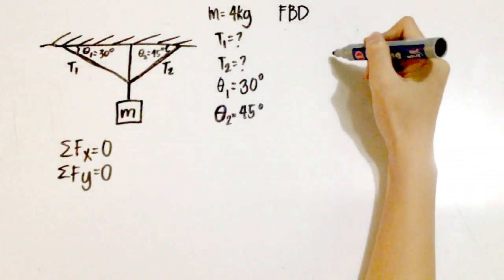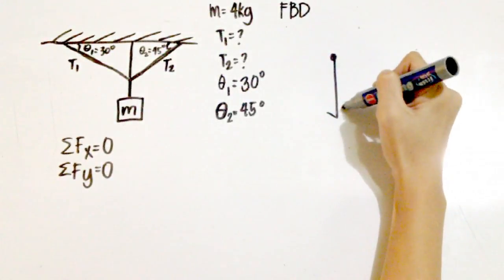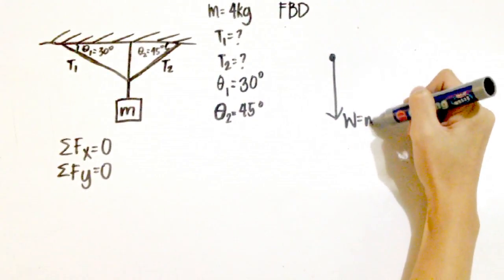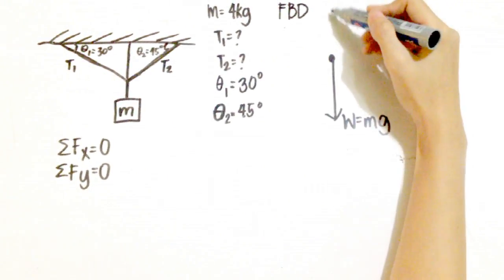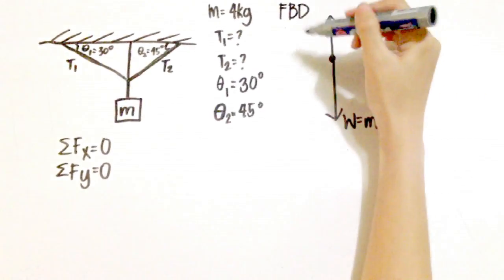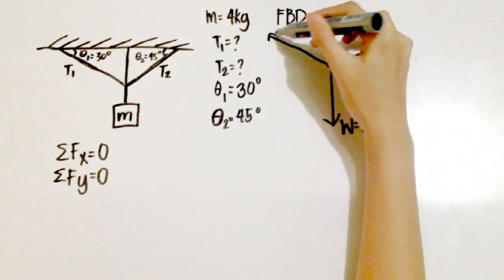First, draw the tension downward, which is equal to the weight of the object times the gravity. Then the y component, the y positive component, then the tension on the left side, which is 30 degrees.